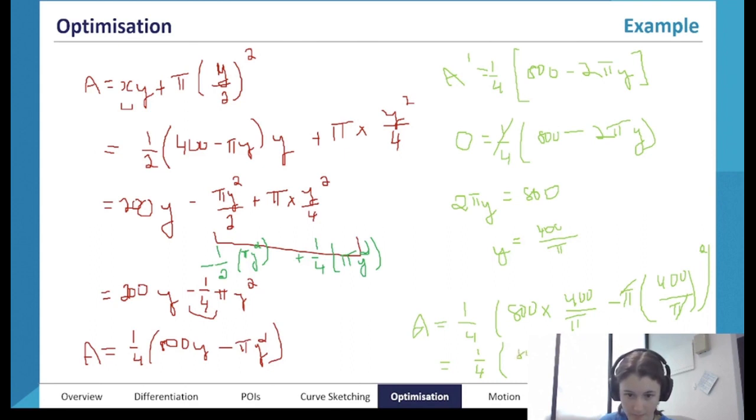And then we're going to have negative 400 squared over pi, because we're going to have pi squared down the bottom here, but then that's going to cancel with the one on top. I'm going to take this over to the next slide.